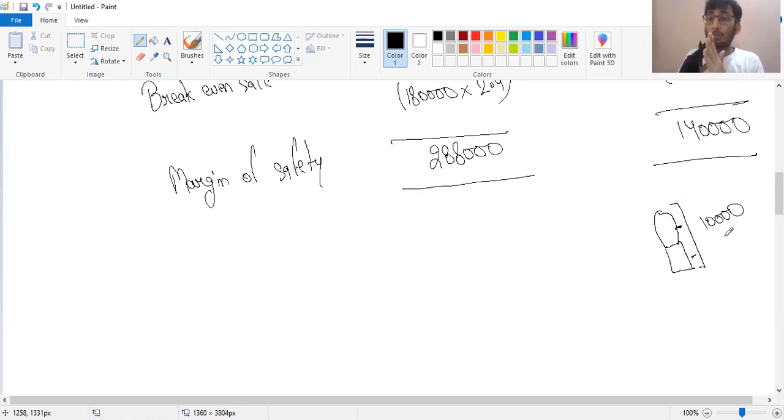Now, break even point is a point where we face zero profit. So for 10,000 units, this is the break even point. At this point we are facing zero profit, zero loss.